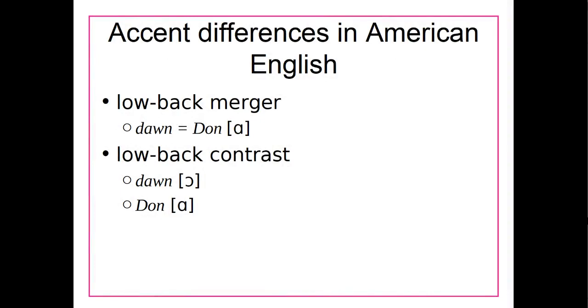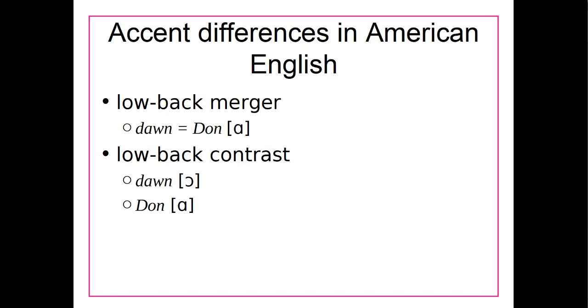So accent differences in English typically come from vowels. In most dialects, our pronunciation of consonants is fairly consistent across these different dialects. It's the pronunciation of vowels that really tells you the differences between someone's accents.